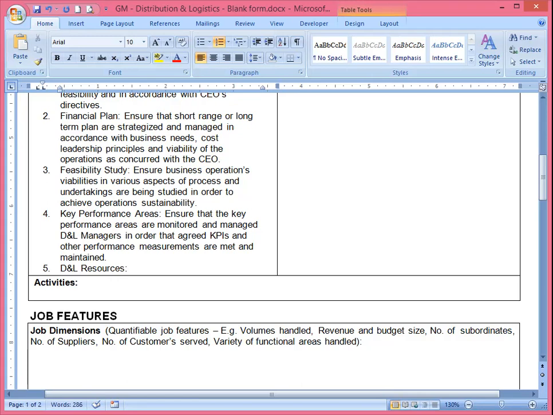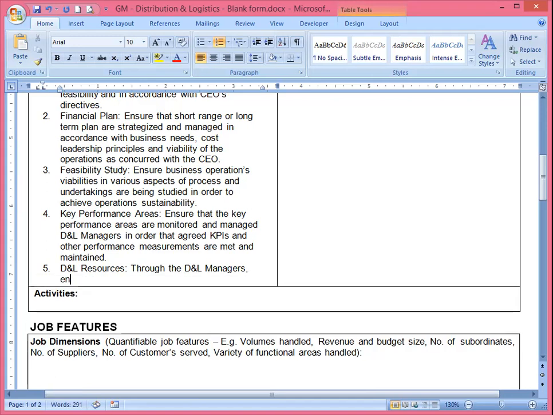Let's say through the DNL managers, because the DNL managers are the ones spending all this money. So he's going to monitor that the DNL managers are spending it correctly, effectively, and efficiently. Of course, he's going to ensure it.